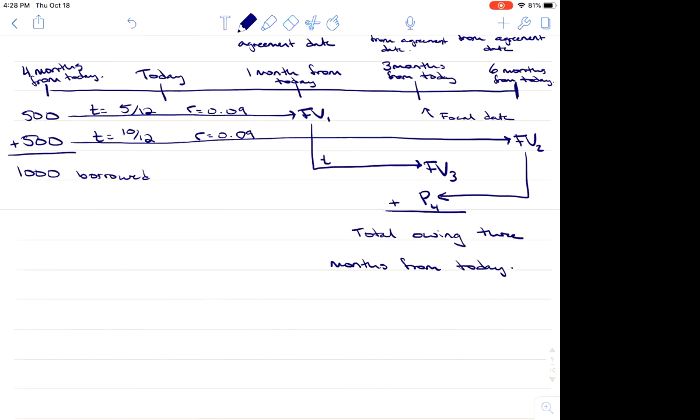We need to put the length of each of these arrows, right? The length from 1 month from today to 3 months from today is 2 months, so 2 out of 12. And remember, the rate has changed here, so the rate now is 0.07.